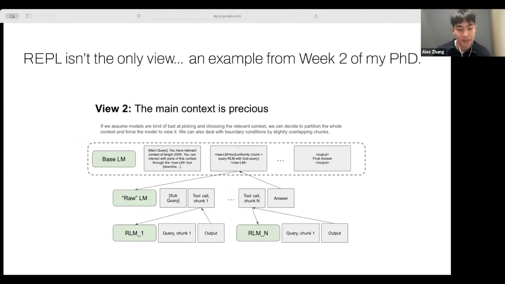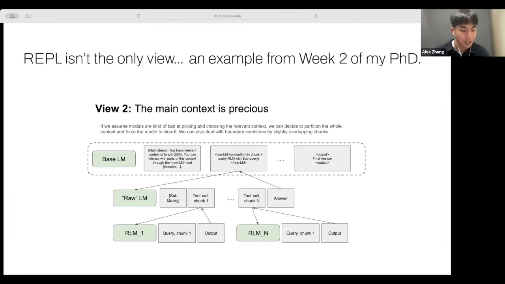And the point I'm trying to make here is that RLMs are not completely novel, in the sense that there are various instantiations of this idea that we already see in practice in things like Codex or Claude Code and how they deal with large code bases as context, or even summarization techniques and tricks. All of these ideas in a lot of ways are a very task-specific way of dealing with the context.